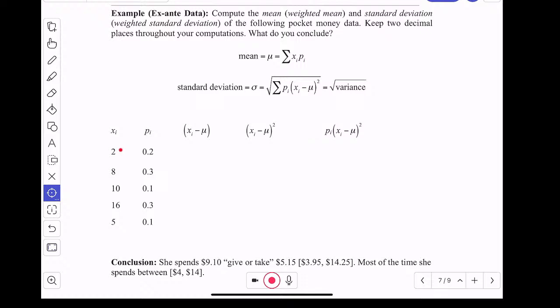Here are 5 observations, but that's all that I have determined can exist. And each of these has a different likelihood of occurring. And this was determined by observation over a long period of time, some modeling of human behavior, and some predictions of the future and economic conditions of this student.